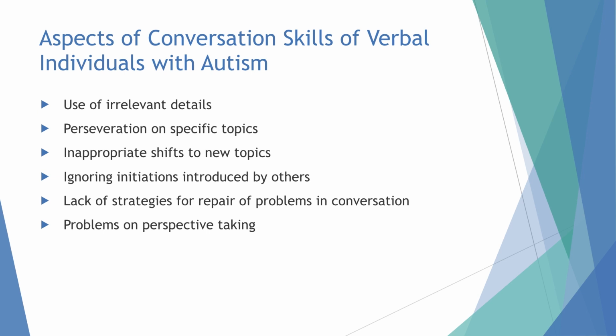They may get really stuck on wanting to talk about the weather or Thomas the Train, or again, my student that really liked Volkswagen Beetles. Sometimes there's an inappropriate shift to a new topic, like you're talking about something and they shift to another topic without any warning. Ignoring some initiations, lack of strategy to repair the conversation.